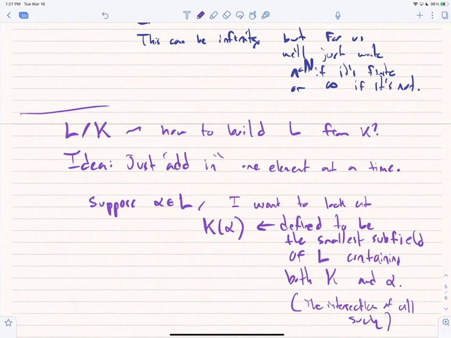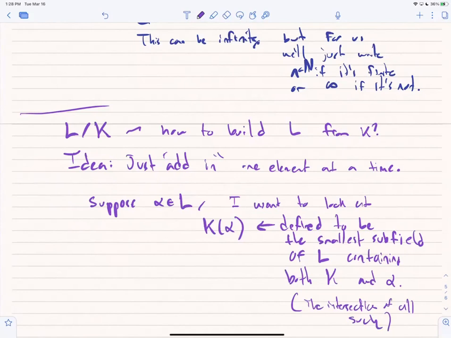Exercise: check that it's still a field, but it's pretty straightforward. The only issue is whether it could be empty, but it's not empty because all of them contain K, so K is definitely in this intersection.